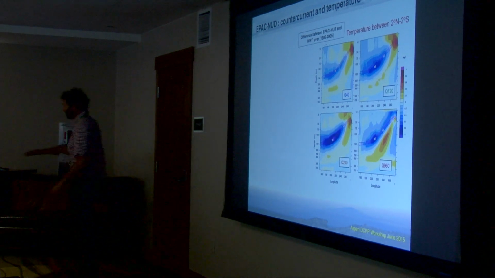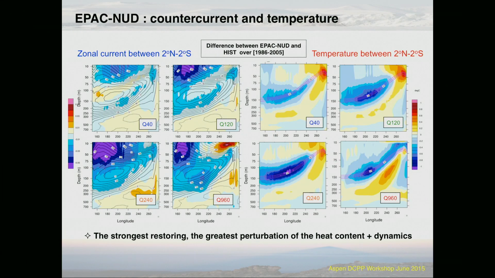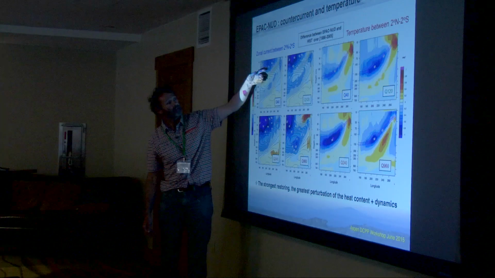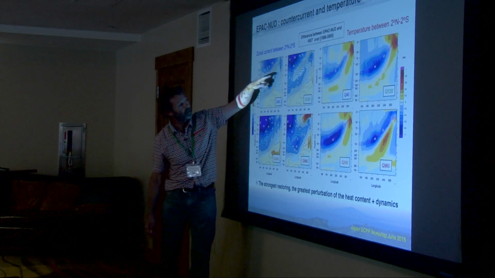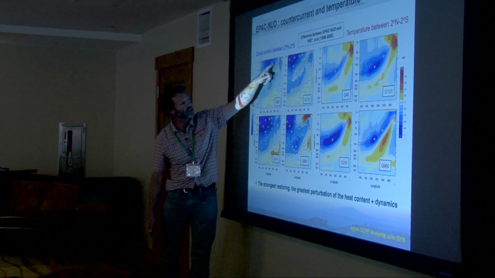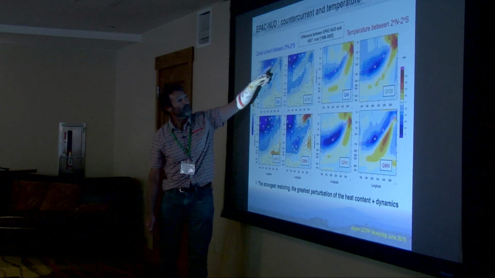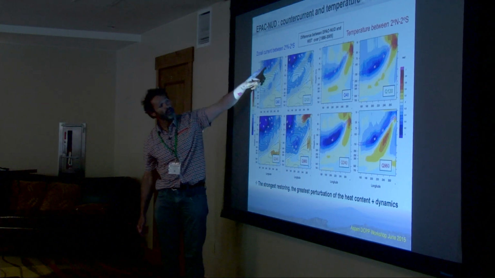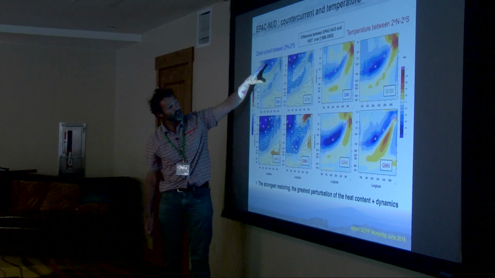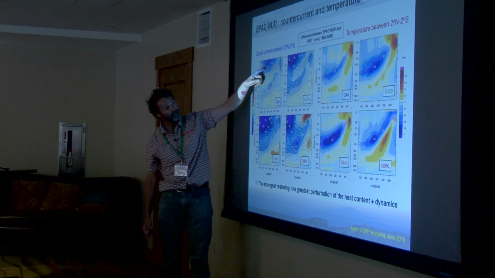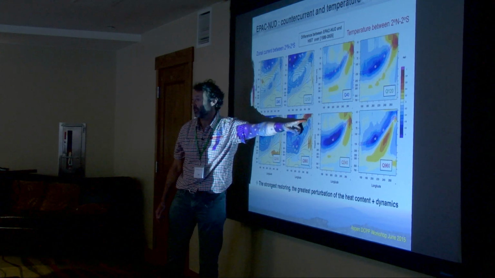And if you look at the currents, this is the zonal current. In weak restoring, you get an increase. I'm sure you don't see the dash pattern here, which corresponds to easterly current. So there is an increase of the current here, and this change is getting stronger and stronger with the restoring, and the opposite is happening for this one here.